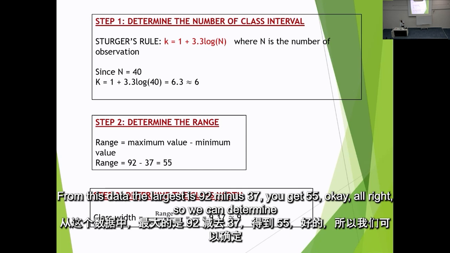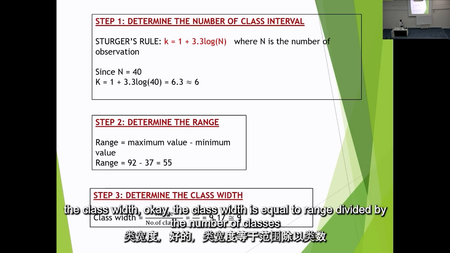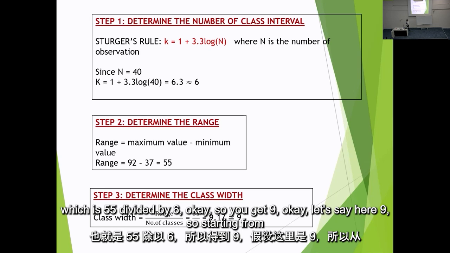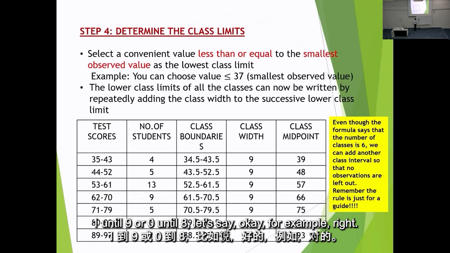So we can determine the class width. The class width is equal to the range divided by the number of classes, which is 55 divided by 6, so you get 9. Starting from 1 until 9, or 0 until 8, for example.